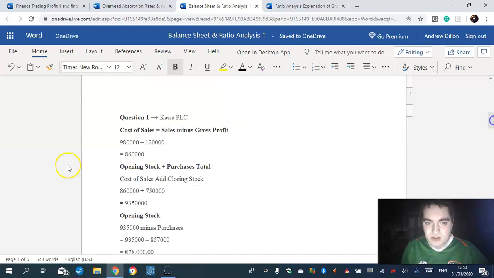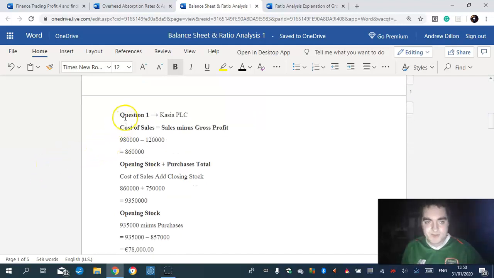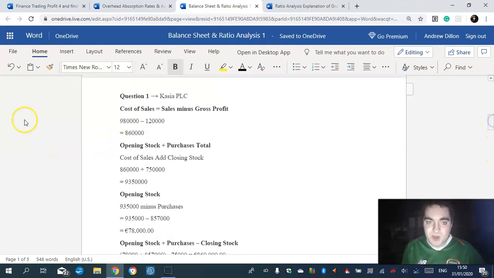So now I'm going to be doing the example questions. Question 1 is about finding the missing figures in the trading profit. It's a simple working. Cost of sales is found by sales minus gross profit, and here are the figures in an exercise sheet.